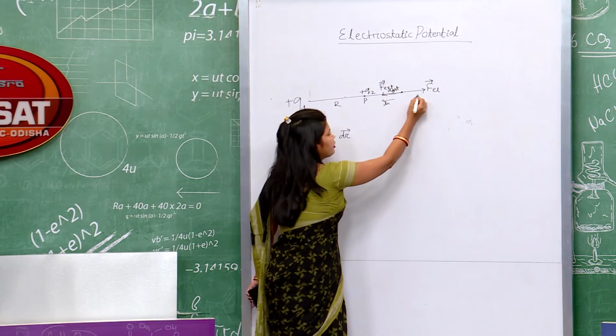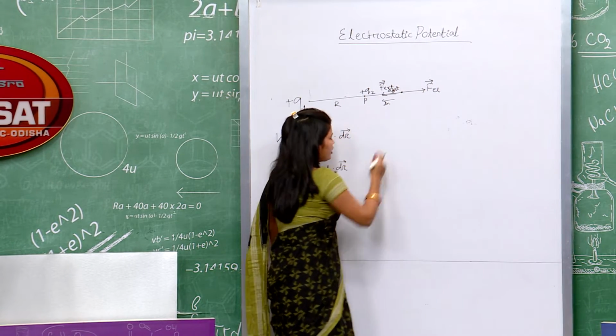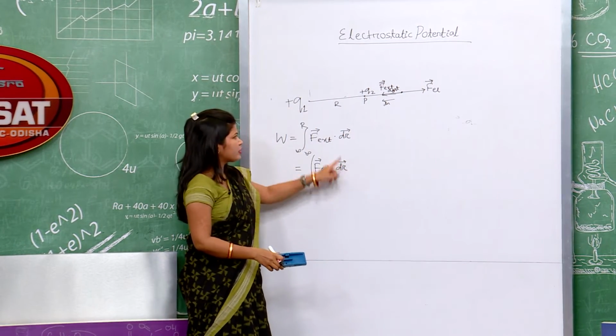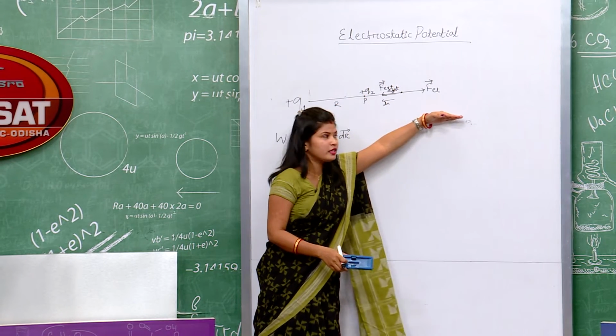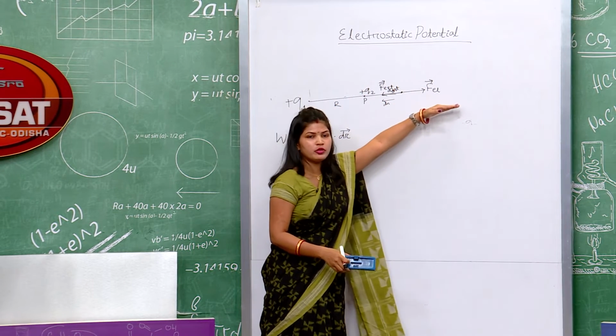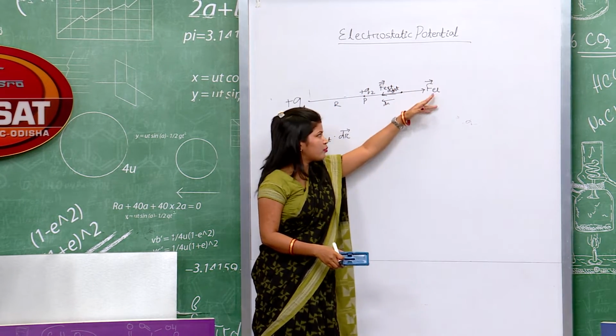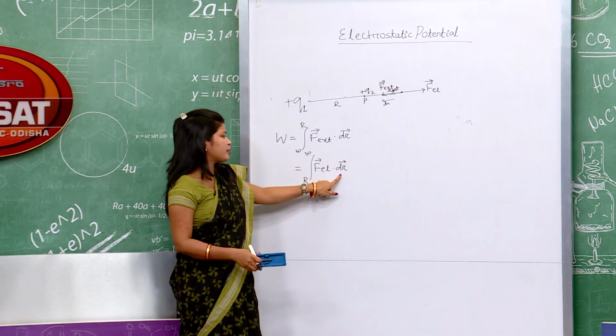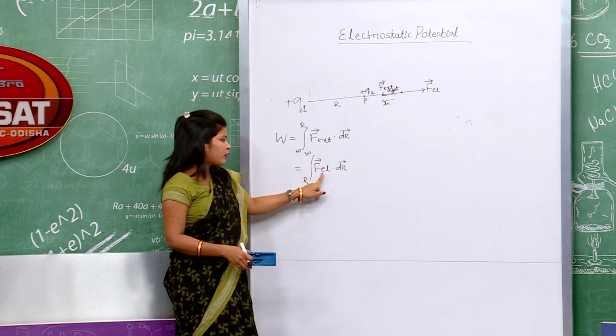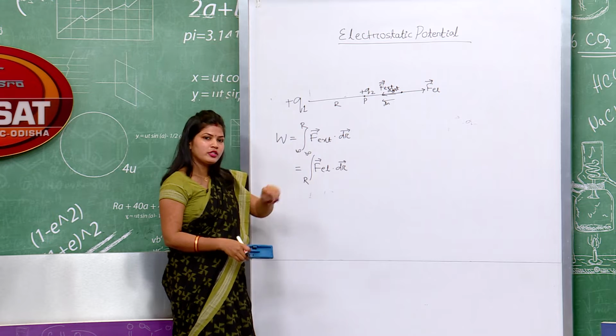See, electric force and displacement are in the same direction, because Q1 will repel the charge and the force of repulsion is also in this direction. So, as electric force and displacement are in the same direction, the angle between them is 0. So, cos 0 is 1.